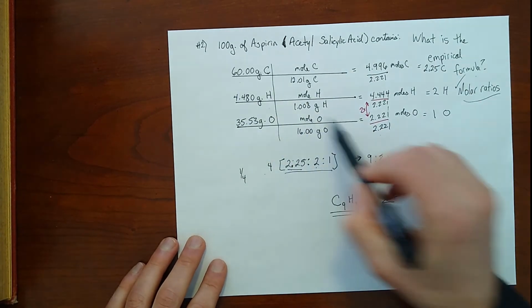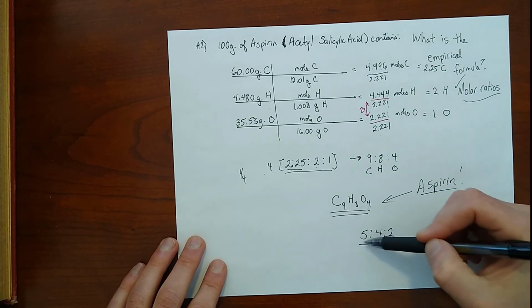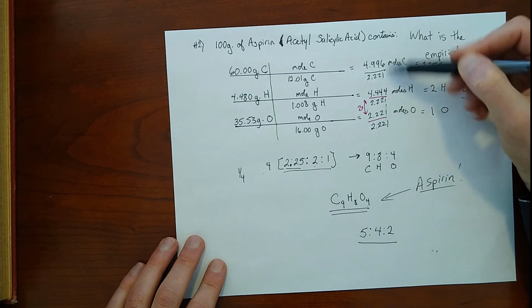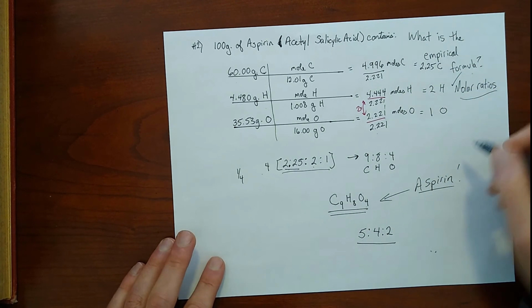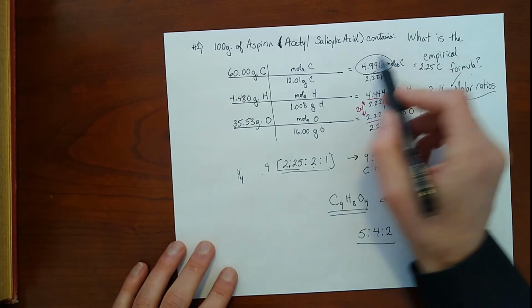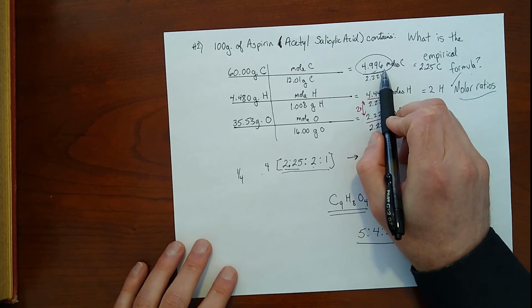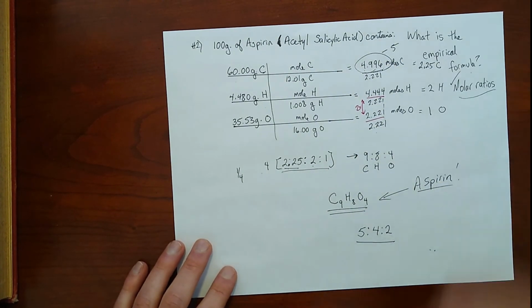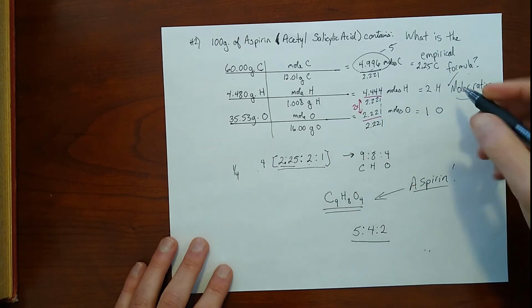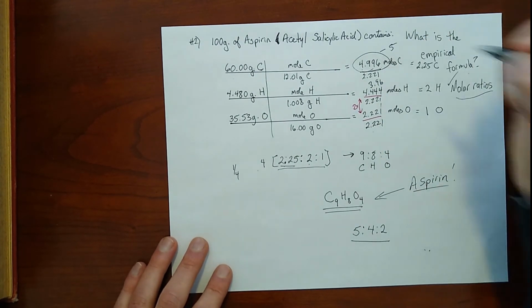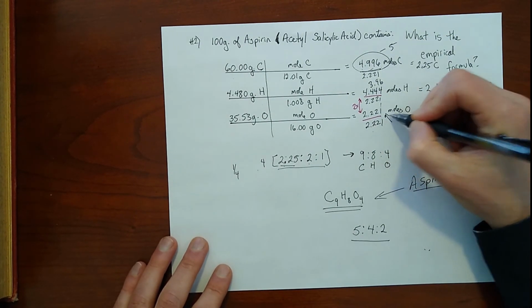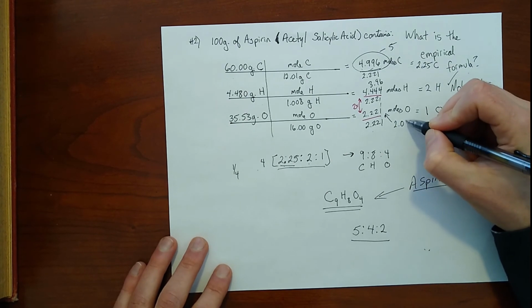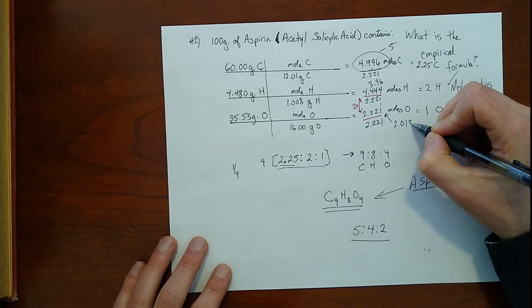So if I did these calculations and I ended up with some whole number ratio here with these numbers, they were all whole numbers already, or they were all very close, like here 4.996 is very, very close to being 5, and maybe this one was 3.96 or something like that, and this one ended up being 2.013.